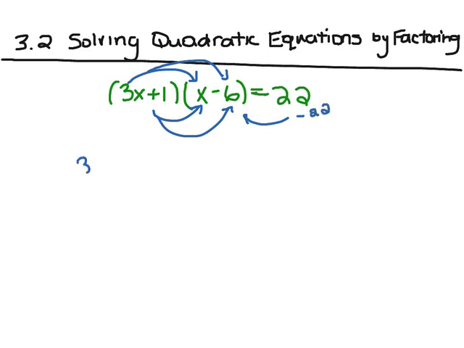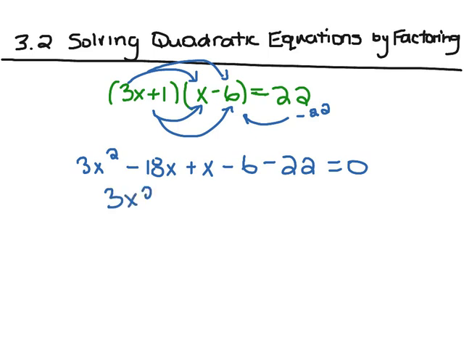So we get 3x squared minus 18x, 3 times negative 6, plus 1 times x is x, minus 6 times 1 is 6, minus 22 equals 0. Now we're going to simplify, so we have 3x squared minus 17x minus 28 equals 0.